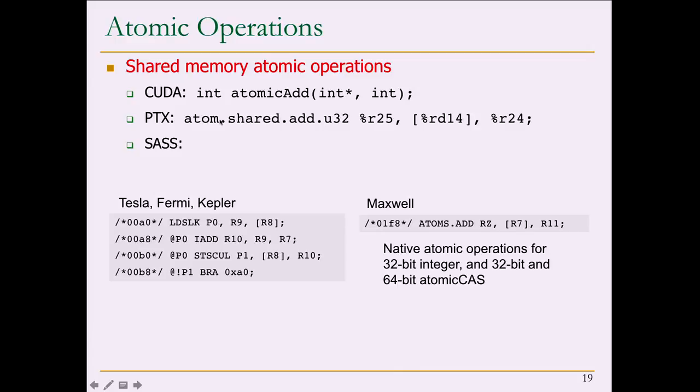So that's the meaning of this PTX syntax. As you see, these three registers indicate the output register, this R25. This RD14 contains the address that we are going to modify atomically, and R24 contains the value that we are adding.